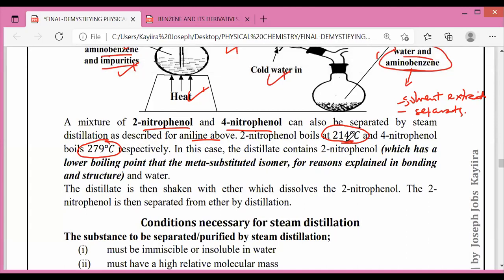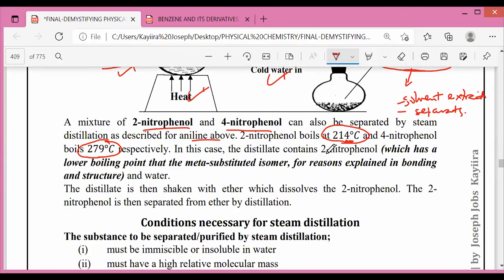Why does it have a lower boiling point? Remember what we call intramolecular hydrogen bonding. We explained that in our topic, bonding and structure. So the 2-nitrophenol, which has a lower boiling point than the para-substituted isomer, 4-nitrophenol, will distill off with the water and be collected in the receiver.